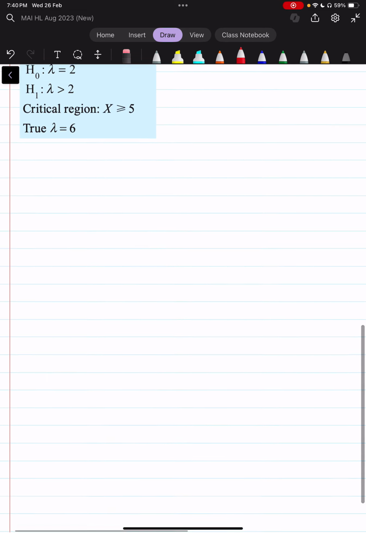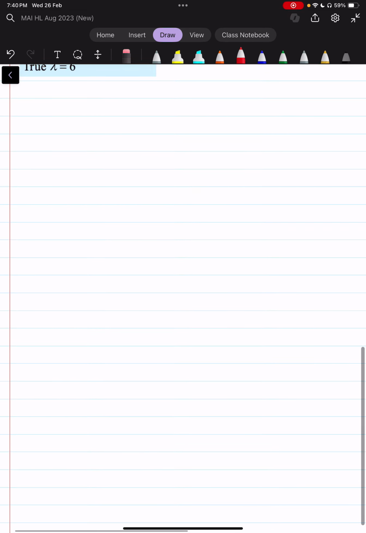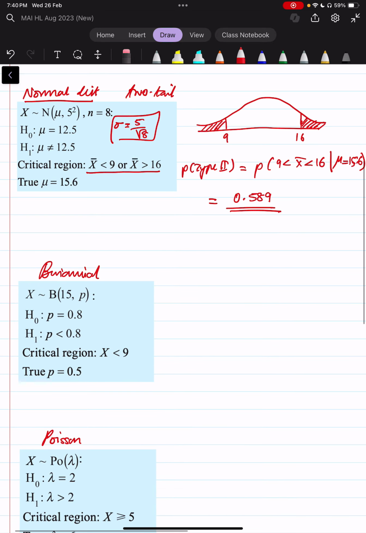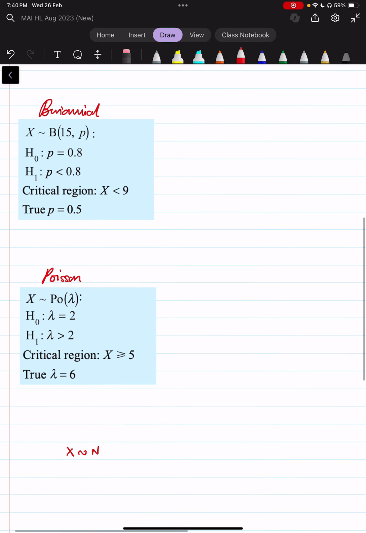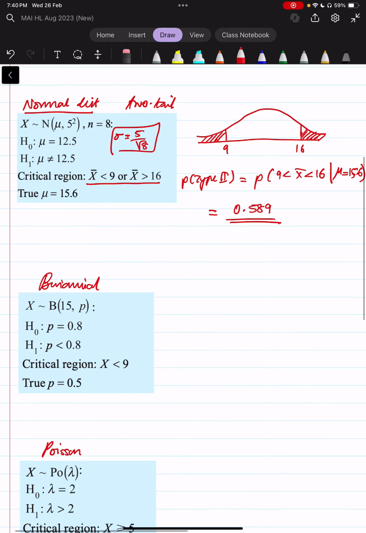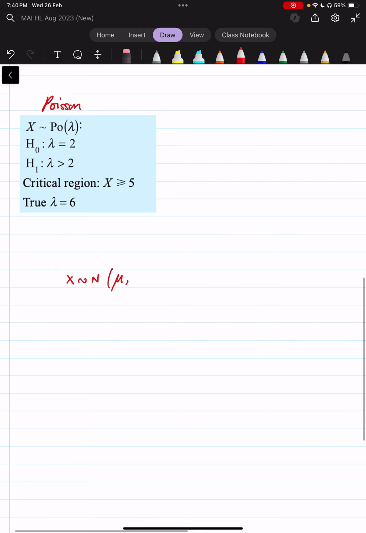Achha, as I'm doing this video, I think of one more sum. Suppose they give you that X follows a normal distribution with mean mu and variance, let's take the same sum, 5 squared. Let's take your sample size as 10.